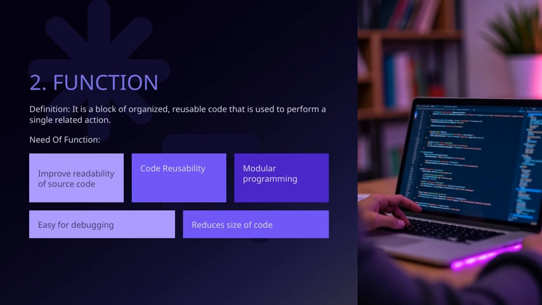And, from a broader perspective, they support modular programming, breaking down complex problems into smaller, manageable pieces. So, in essence, functions are fundamental building blocks that help us write efficient, organized, and maintainable code, aligning perfectly with the overall goal of creating better software.